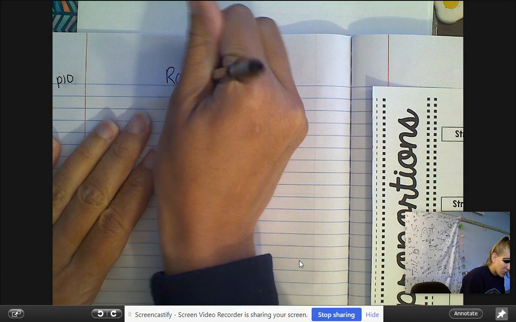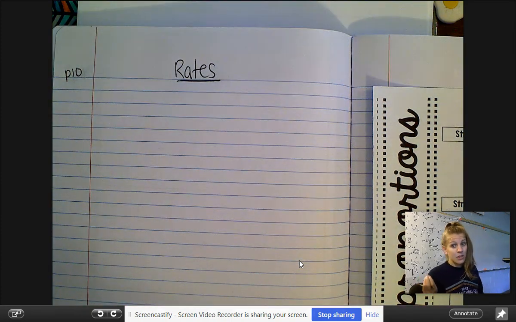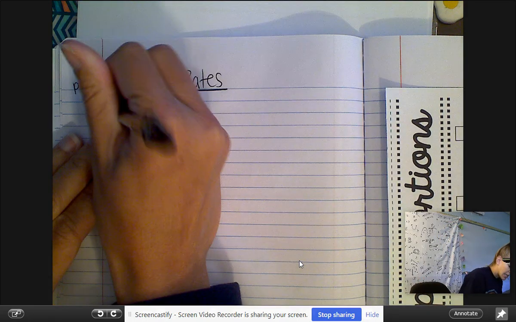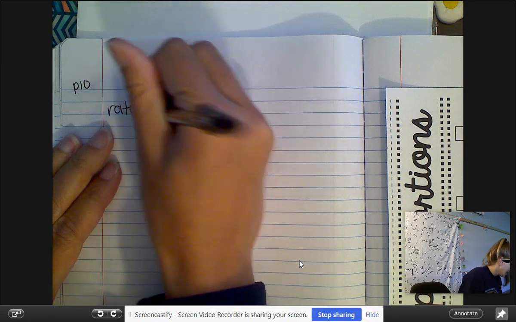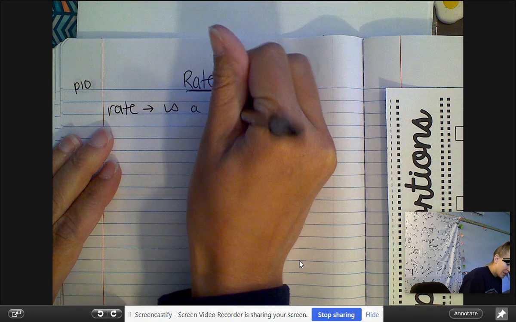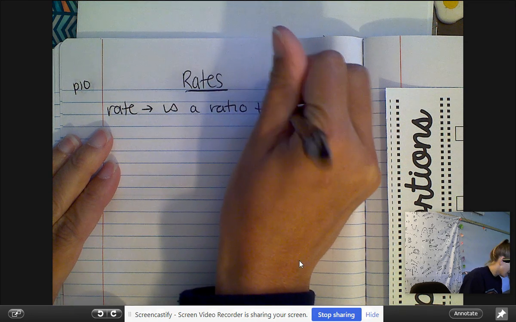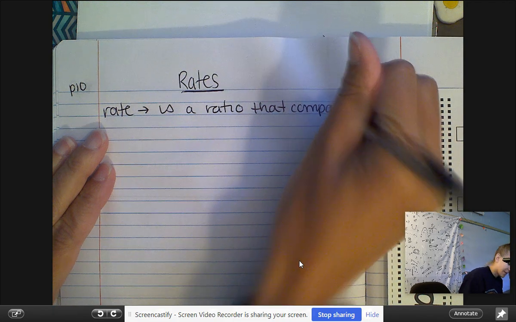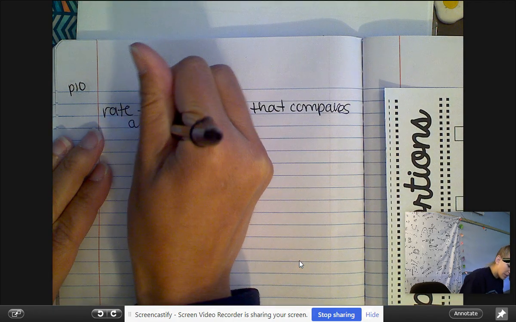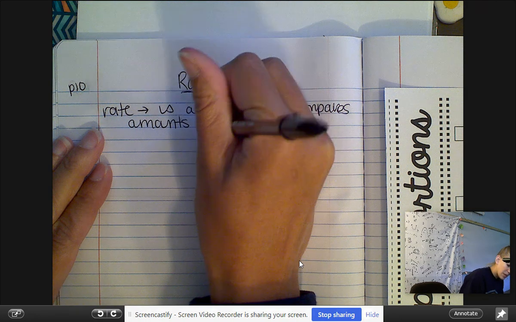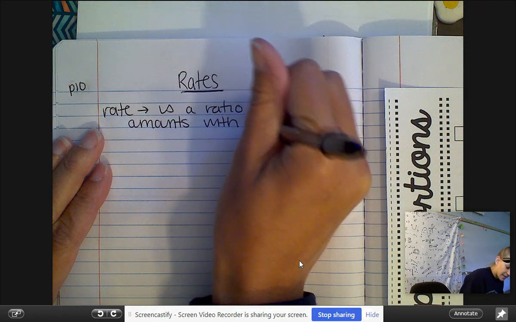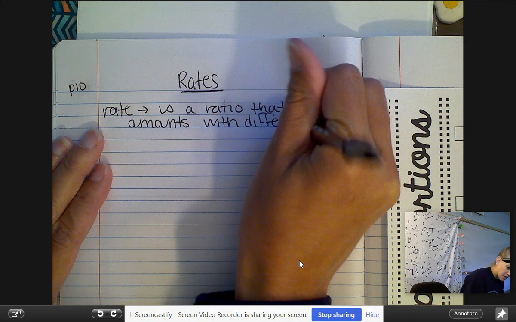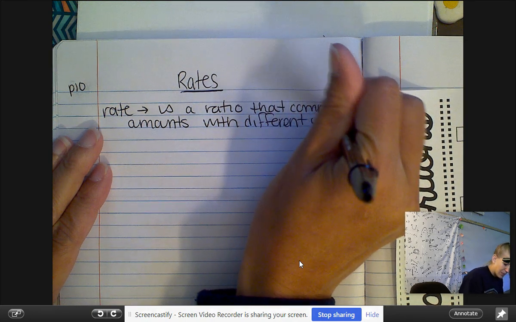I want to take a little detour over here and talk about rates, because rates are just another type of ratio. So a rate is a ratio that compares amounts with different units, which is super powerful.